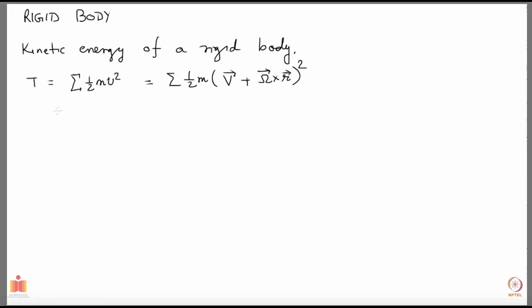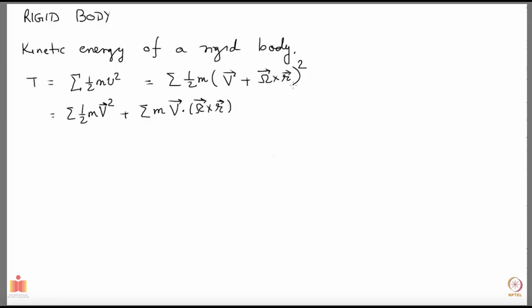If I open this up, I get half m V square, plus m V dot omega cross r.